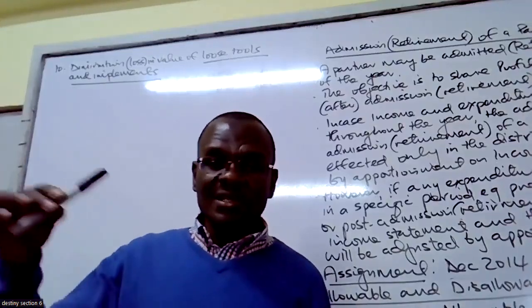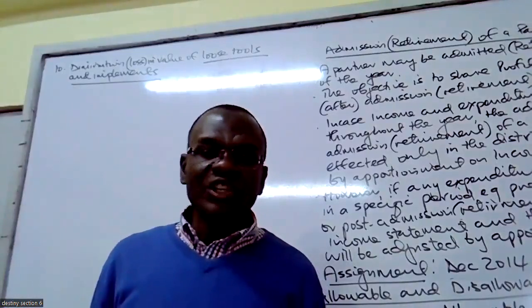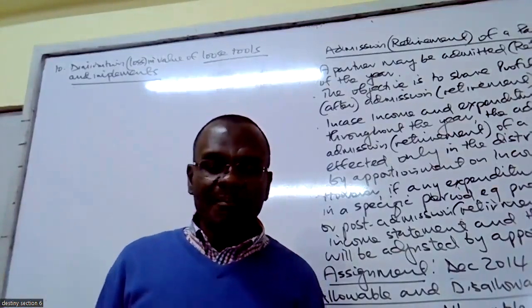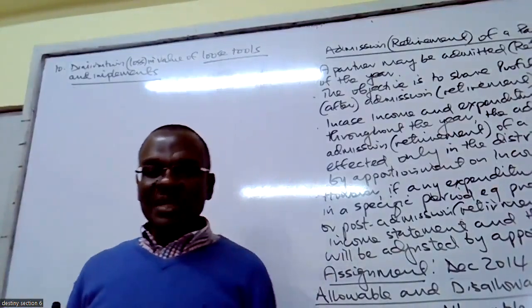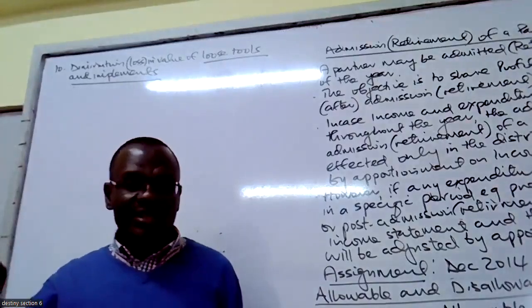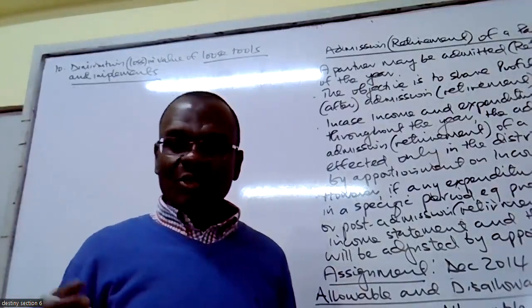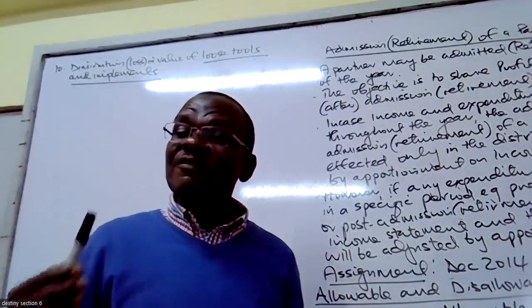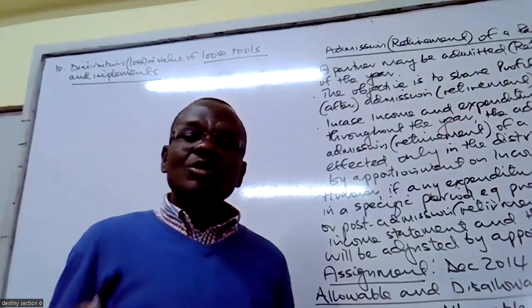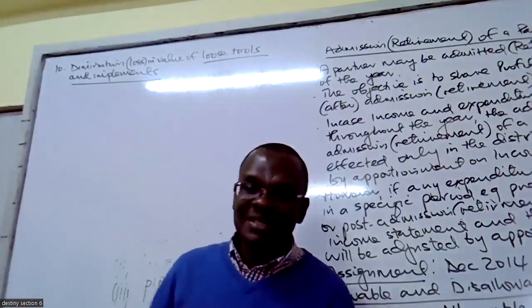Then number 13 is related to that. The business of the company may itself not be engaged directly in research, but may contribute to a research organization or to a university that carries out research related to the business they are doing.